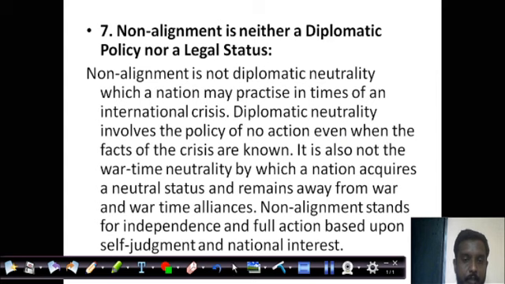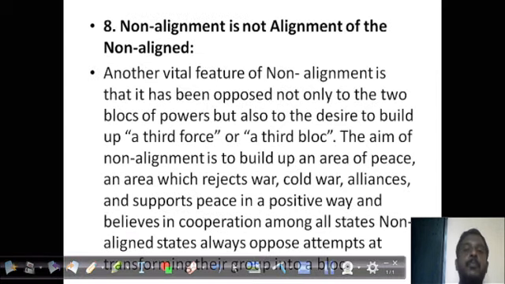So we are moving into the eighth one. Non-alignment is not alignment of the non-aligned. This is another factor. Now we have two power blocks, USA and USSR, and non-alignment is not going to be a third power block or a third force. This is one of the major prominent features that Nehru kept on insisting.